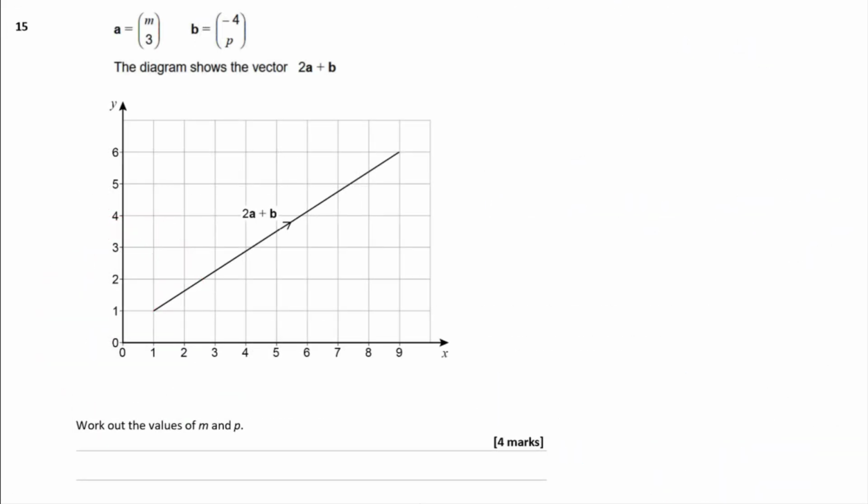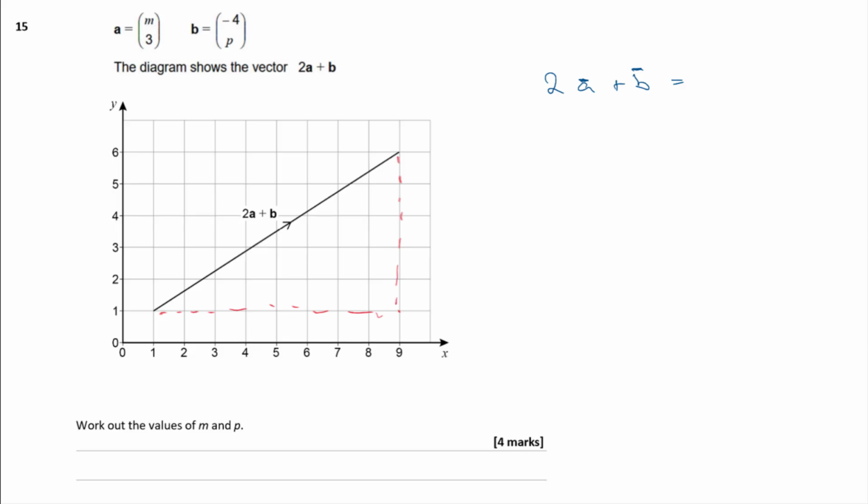Question 15, we're given that a is the vector m, 3 and b is the column vector minus 4, p. The diagram shows the vector 2a plus b. Work out the values of m and p. Okay. So what is the vector 2a plus b? We can see from the diagram that 2a plus b is, well, I'm going along here and up here.